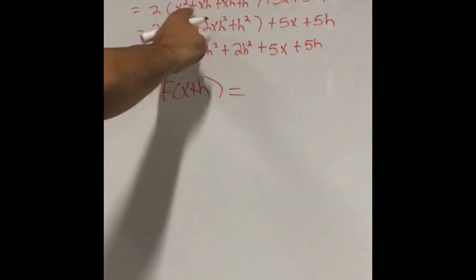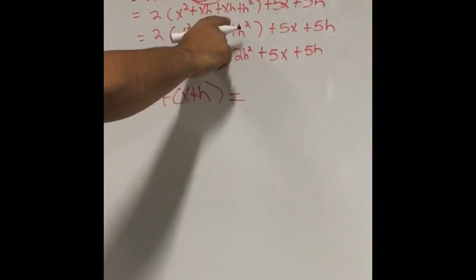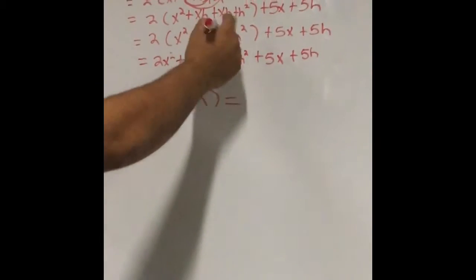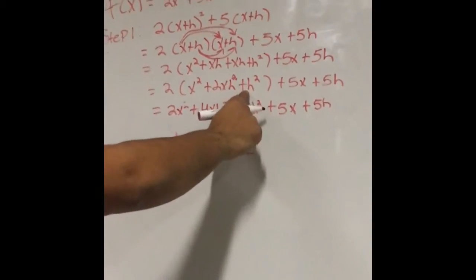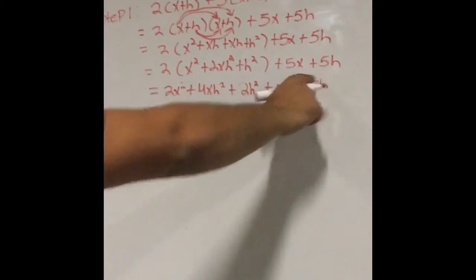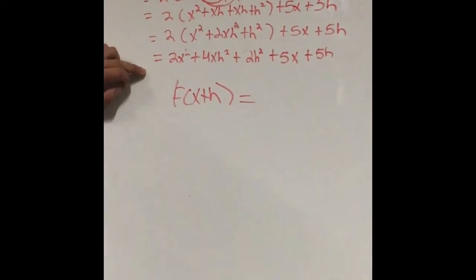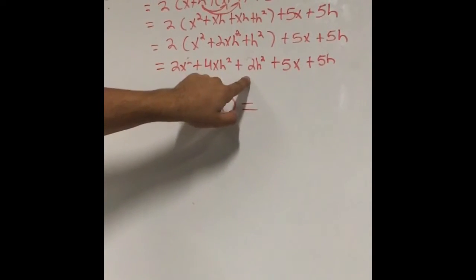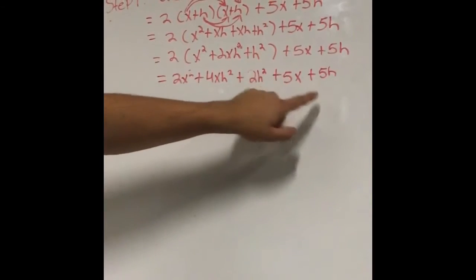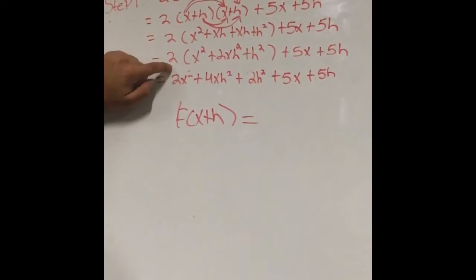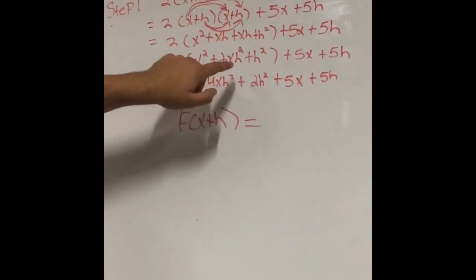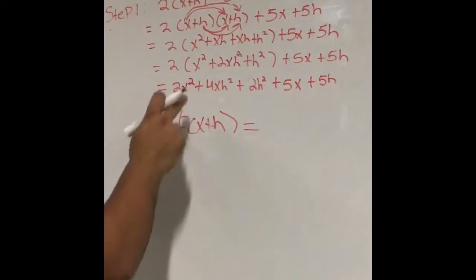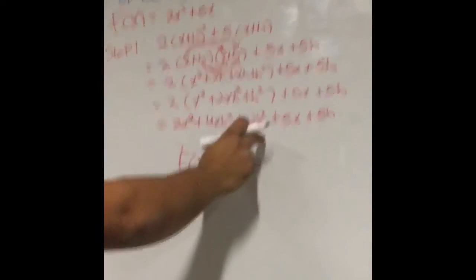What we do is find the like terms, which is the xh, and add them together, which will give us x squared plus 2xh plus h squared plus 5x plus 5h. Which will give us the ending equation of 2x squared plus 4xh plus 2h squared plus 5x plus 5h. How we did that was we just expanded the 2 into each term. So, sorry, this is 2x squared, and basically multiply them all by 2.